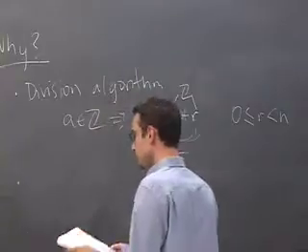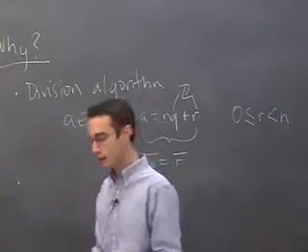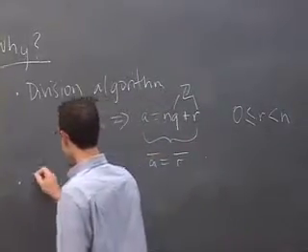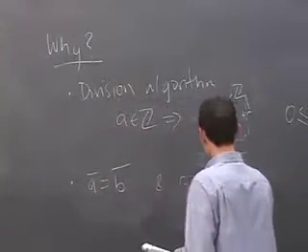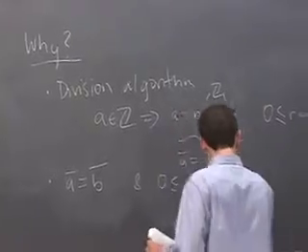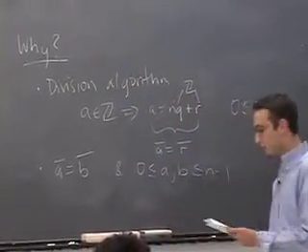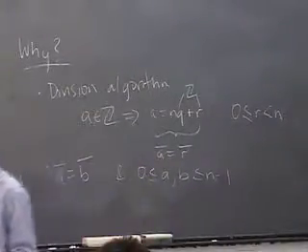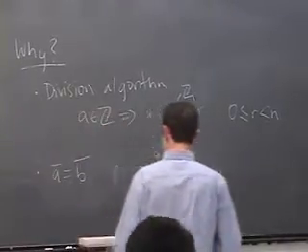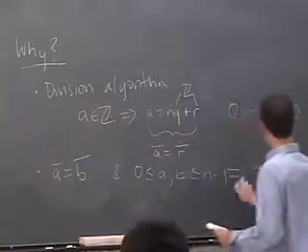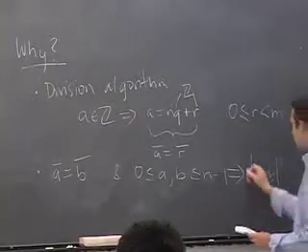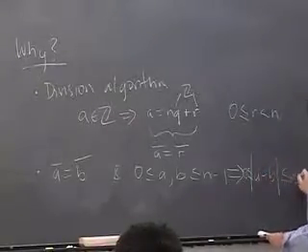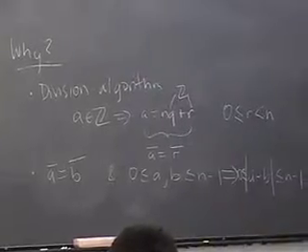Moreover, these are all distinct, because if a bar is the same as b bar, and we both have these things in the range 0 to n minus 1, well, then the magnitude of the difference between these things is also bounded by 0 and n minus 1.